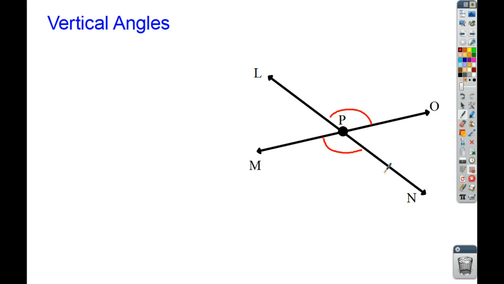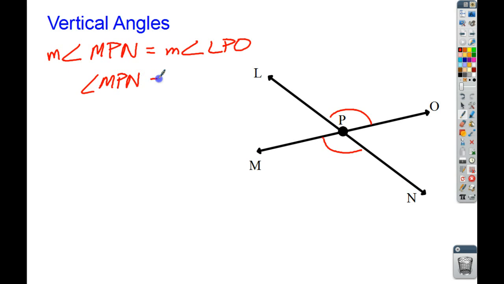So right now I can say my vertical angles here are angle MPN, we'll call that one, MPN, and I have angle LPO, and the measure of these are equal to each other. I know that they're the exact same. Another way of saying it, if I wanted to not talk about the measure, I could say angle MPN is congruent, that's what this symbol means right here.